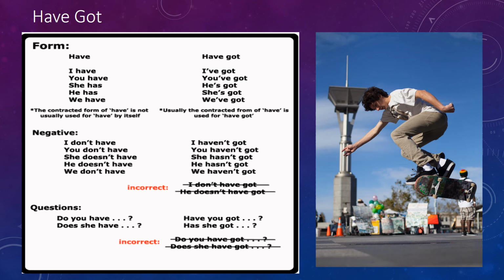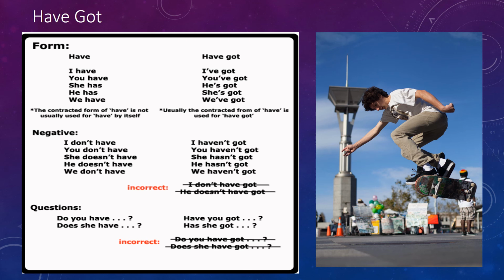In this slide, we have the structure, the formation of the different forms. On the left side, we have have. On the right side, we have have got. Basically, it is have got. We have a pronoun, I, you, he, she, it, we, you, they, plus have, or has if it's the third person.